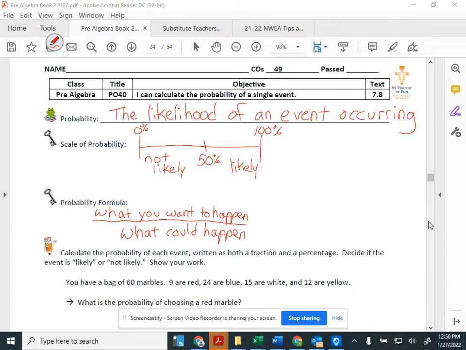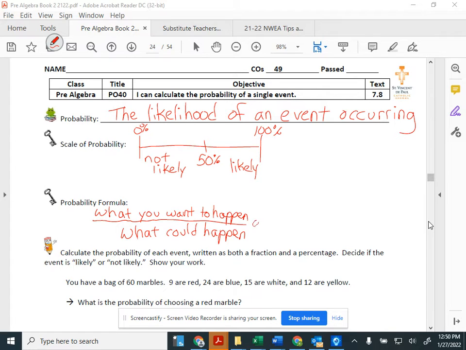So on the bottom is what could happen, all of the possible outcomes. What could happen? How many outfits could I put together? On top, it's what you want to happen.